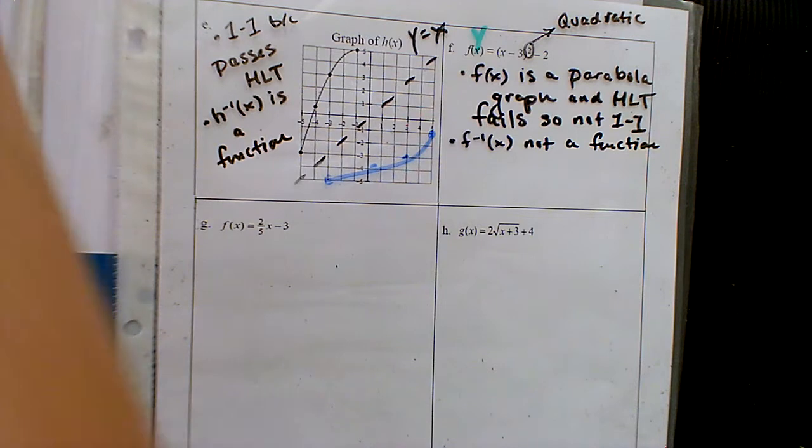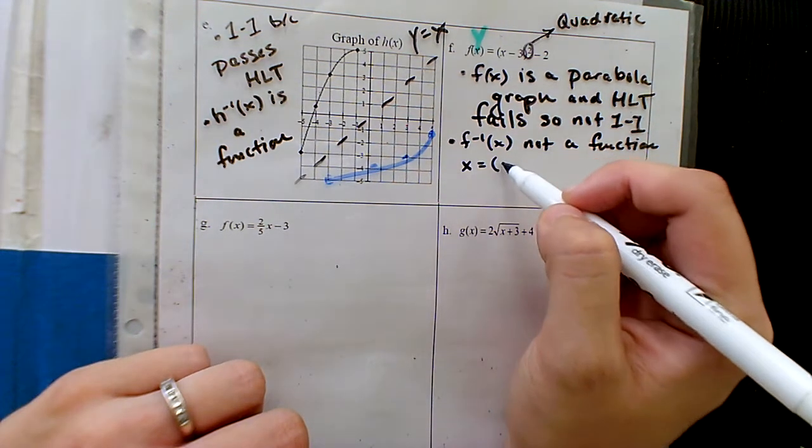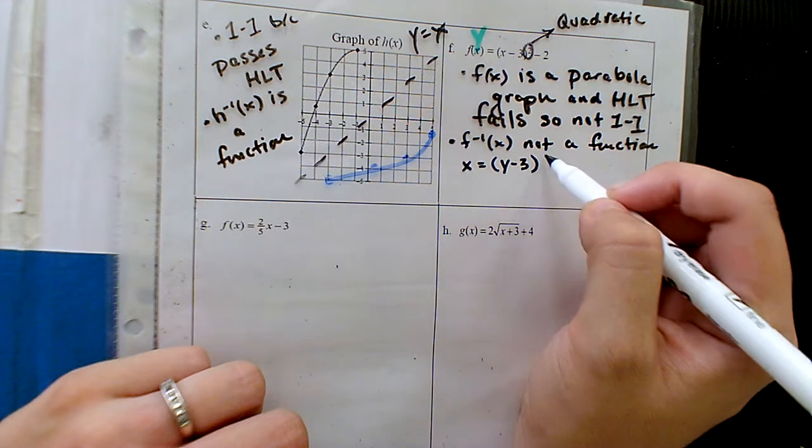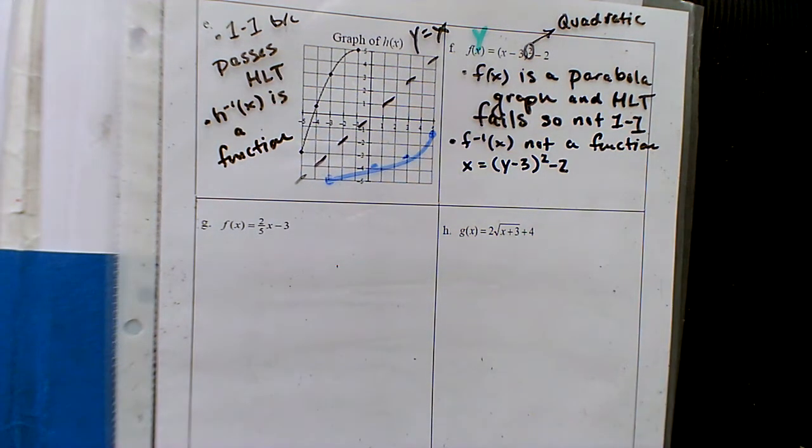So if we switch x's and y's, this would look like x equals y minus 3 squared minus 2. But we're not used to seeing x equals equations, so we're going to solve for y. That way it's a little bit more comfortable for us.